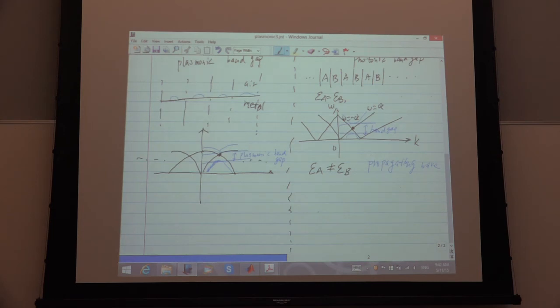But here, the plasmonic band gap is just interference between the surface waves, which become surface plasmon waves. This is interference. At this point, we call this a plasmonic standing wave.